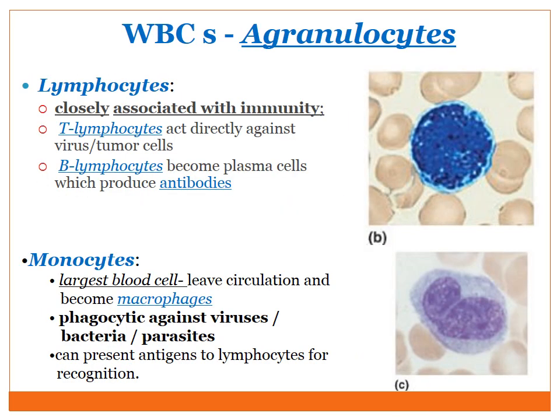Looking now at the agranulocytes, we have two types: lymphocytes and monocytes. If we look at the lymphocytes, this is broken down into T lymphocytes and B lymphocytes. Remember that all white blood cells are produced in the bone marrow. B lymphocytes are produced in the bone marrow and also mature in the bone marrow, so B stands for bone.